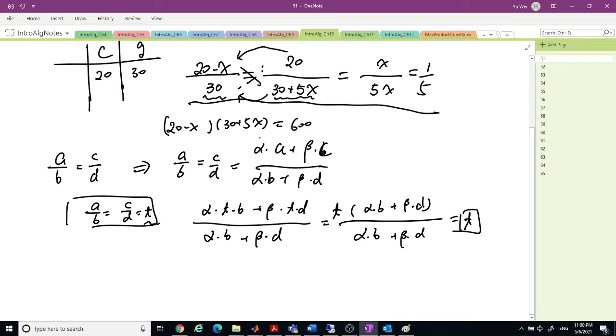So instead of solving this quadratic, it's a linear equation, right? So then it becomes easy. It's 100 minus 5x equal to 30. Then we can solve: x equals 14.